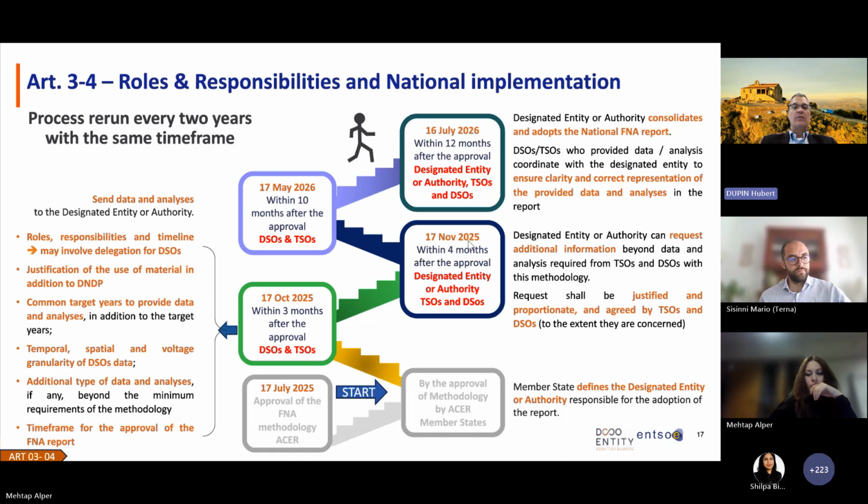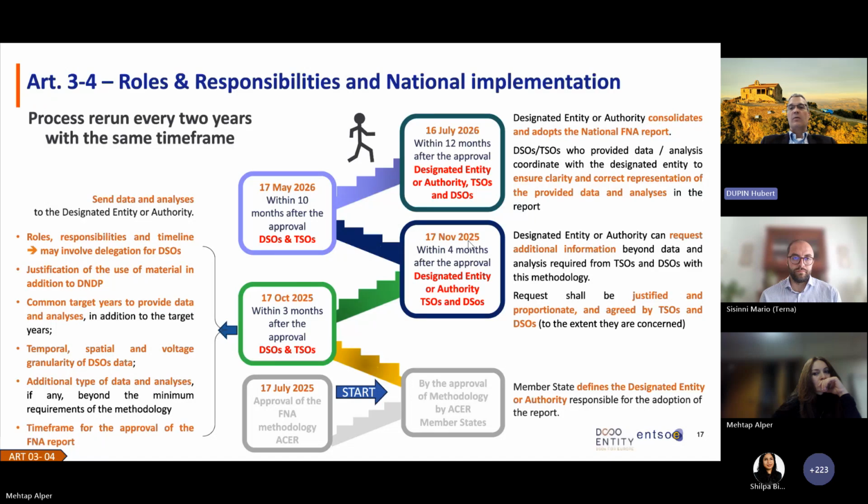Then 10 months after the approval, DSOs and TSOs need to send their data and analysis to the designated entity, and then the designated entity has 2 months, so that is until mid-July 26th, to consolidate this data and analysis and adopt the national report.